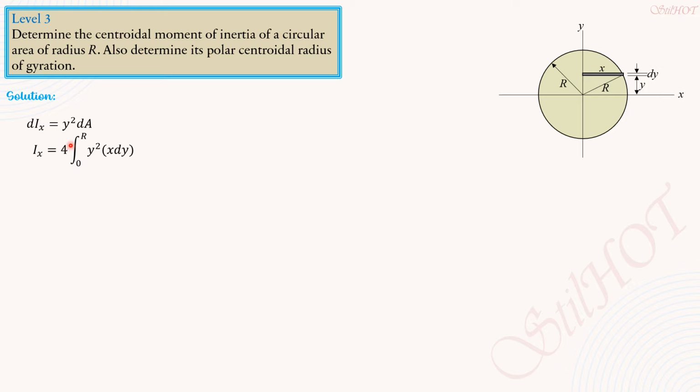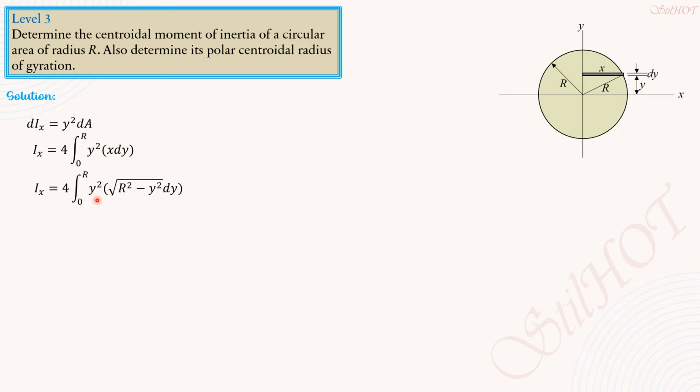We multiply by 4 because we are only considering this strip in this quarter circle, and there are 4 quarter circles all in all when we compute the moment of inertia with respect to the x-axis. Replacing x by the square root of r squared minus y squared: 4 times the integral from 0 to r of y squared times the square root of r squared minus y squared dy.